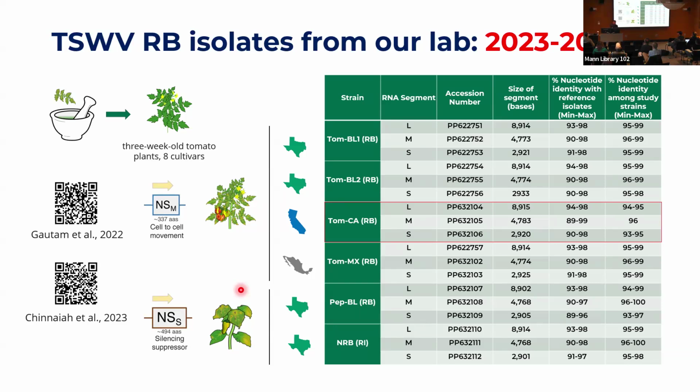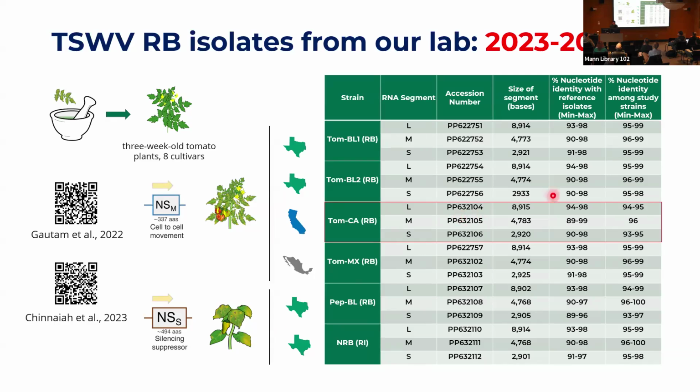That's because in the initial stages we worked with isolates, and then once they proved to be strains, I use that term in a more robust way. So we had 6 isolates at this point. 5 of them were resistance breaking, 1 was non-resistance breaking, 4 of them came from tomato, 2 came from pepper.